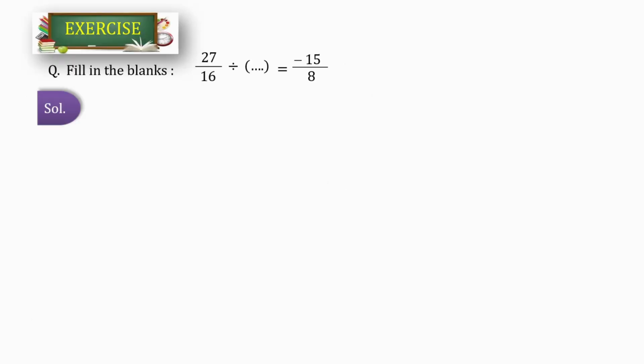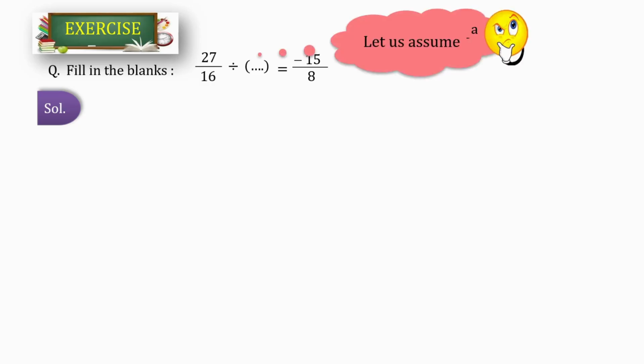Module number 15. Now you have to fill in the blanks. So 27 by 16 divided by which number gives you minus 15 by 8? Now in that blank we can assume the number is in the form of a by b.